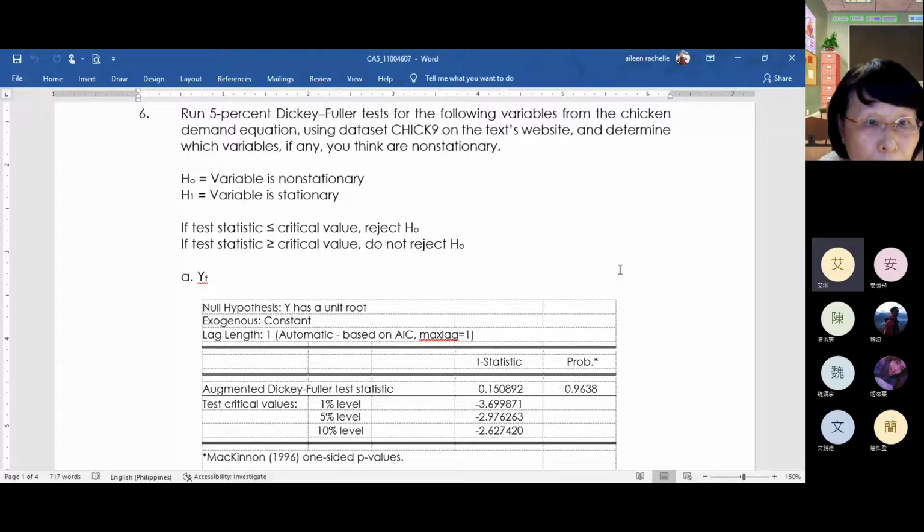For exercise 6, using the Dickey-Fuller test, the null hypothesis is the variable is non-stationary, and the alternate hypothesis is the variable is stationary. If the test statistic is less than the critical value, we reject the null hypothesis. If the test statistic is greater than the critical value, we do not reject the null hypothesis.